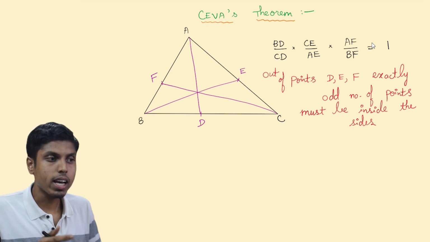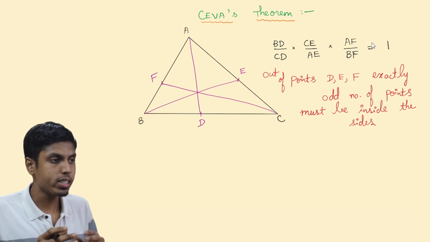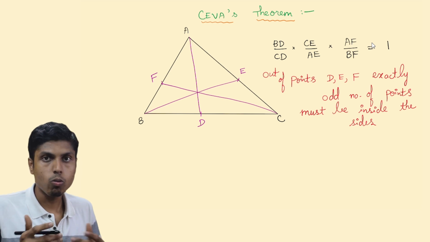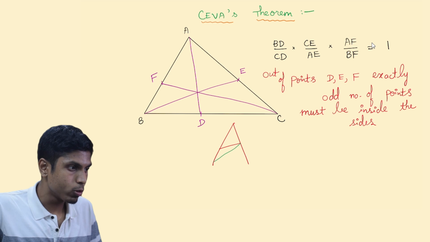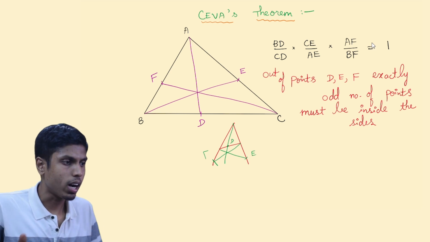You need to have exactly an odd number of points inside the sides. So there is some constraint on that. For example, in this diagram, we have 3 points, which is an odd number. You may also have 1 point inside the side, in which case the configuration looks like this. As you could see, the cevians concur. But this would rather stray from our actual argument.